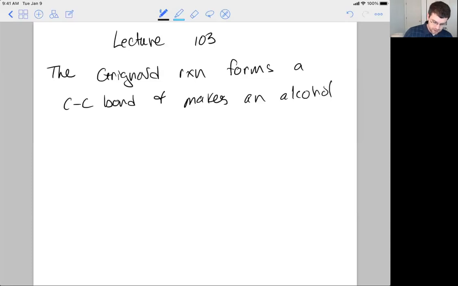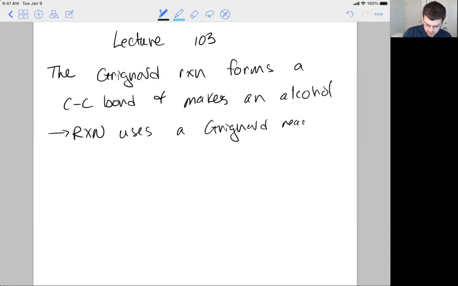The reaction uses a Grignard reagent. Now, the Grignard reagent is generally drawn as RMgX, where X is the halogen that was once part of our haloalkane. Magnesium is now a magnesium plus 2. It started off as magnesium 0, and then the carbon, which is the big thing, is sort of like an anion.